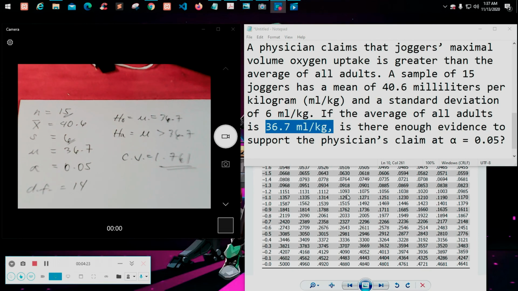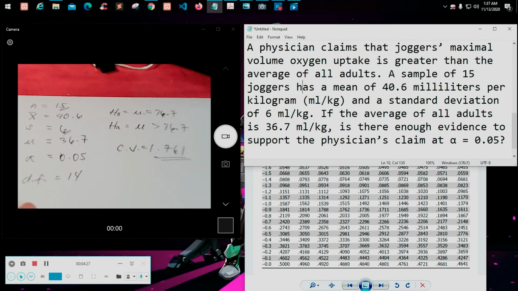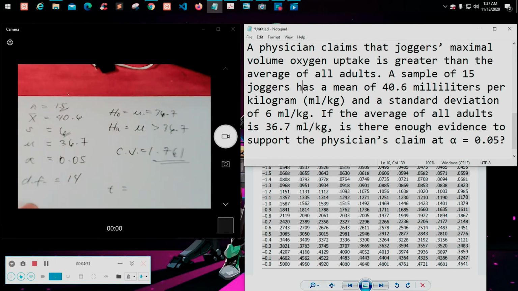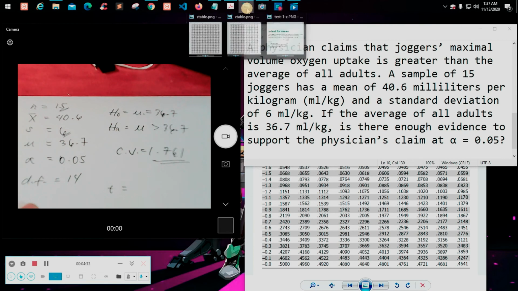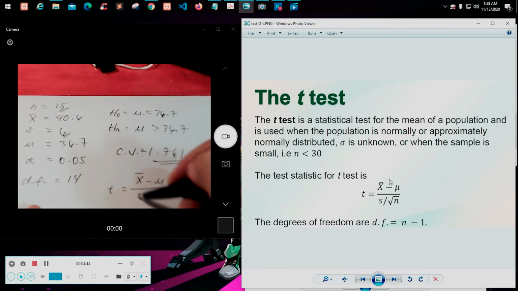So let's solve for the t statistic value. So t is equal to, let's check the formula: the sample mean minus the population mean over the sample standard deviation divided by the square root of the sample size.